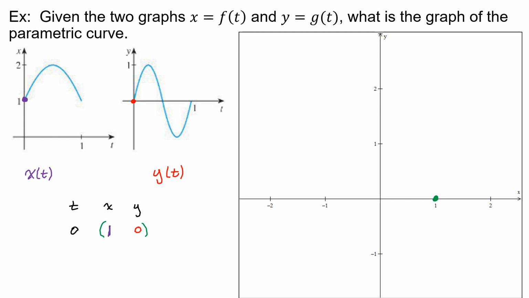I can do another one right here. This would be 1/2. When t is 1/2, my x value is at 2. And when t is 1/2, my y value is at 0. That leaves me the point 2, 0.